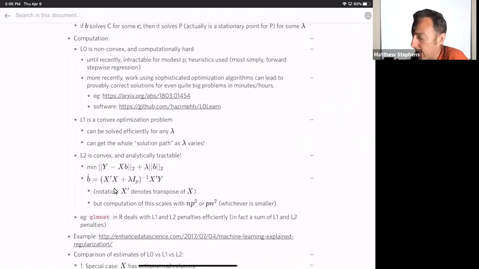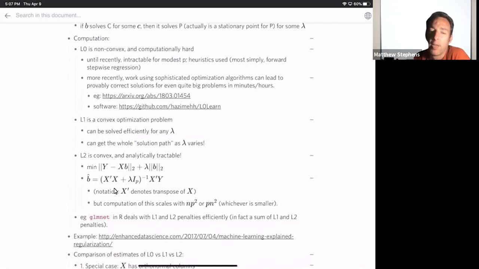Here it's given that the optimum B is given by this expression, where x prime is x transpose. x transpose y is computable, and x transpose x is computable, and you just have to be able to invert this matrix. If P is big, that matrix is pretty big, and that inversion is very expensive. So if P and n are big, you need to use other ways to solve this. But the bottom line is that this problem is also computationally very friendly, and in fact analytically tractable for moderate n and p.